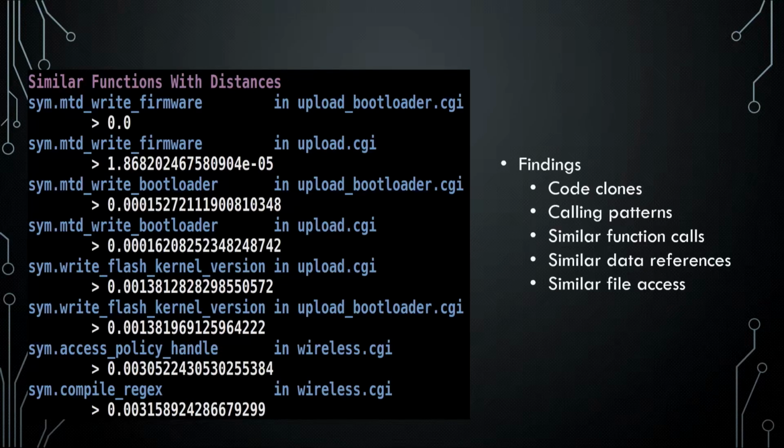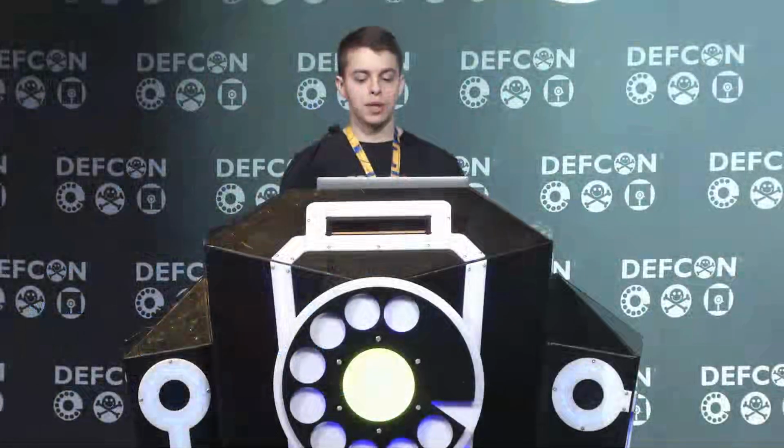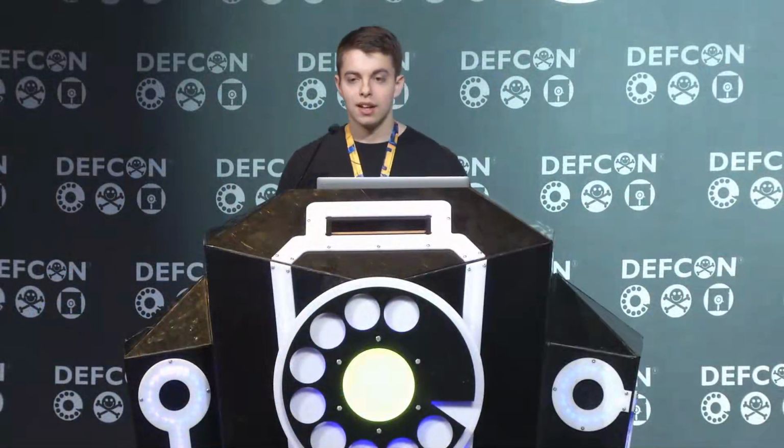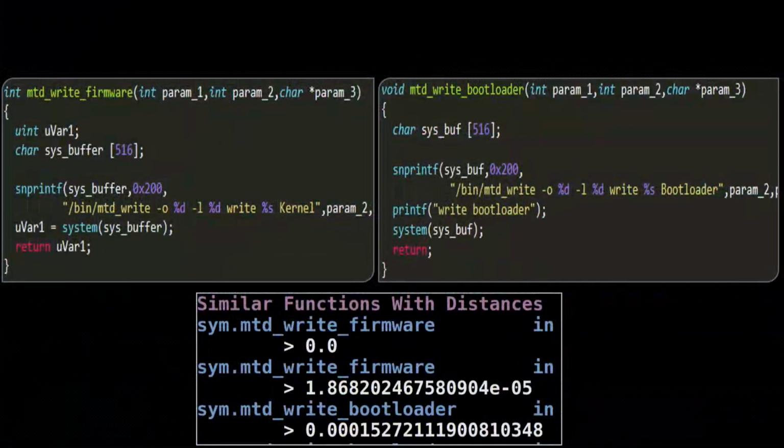And as I dived farther and farther into the data, I started finding similarities across calling patterns, where data might be loaded in from an argument, snprintf, and then used in a system call. I'd find similar function calls, similar data references, similar file accesses, similar ways of interacting with sockets and networks. Looking at that very first function, the original function we provided, and that third function that was really close, it's actually really hard to tell that they're different at all.